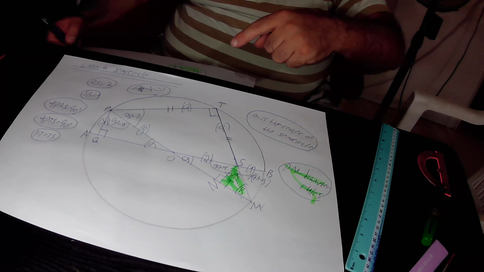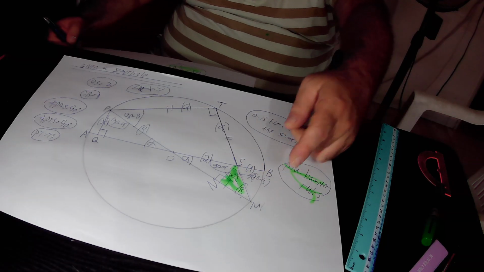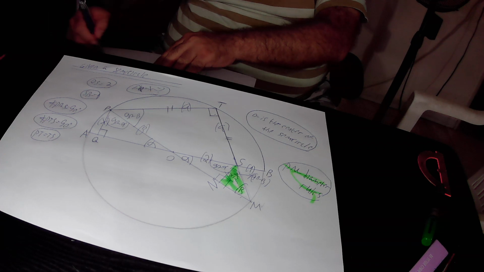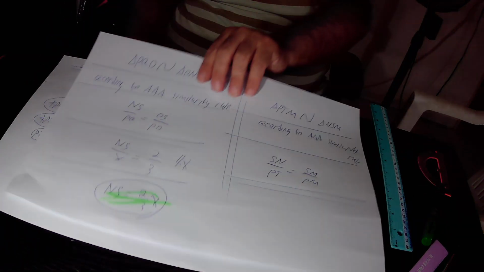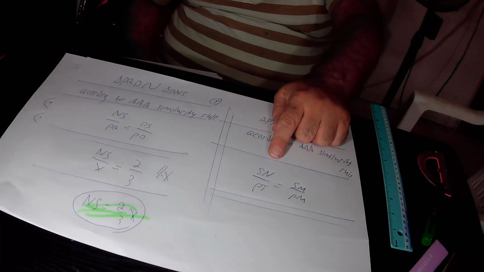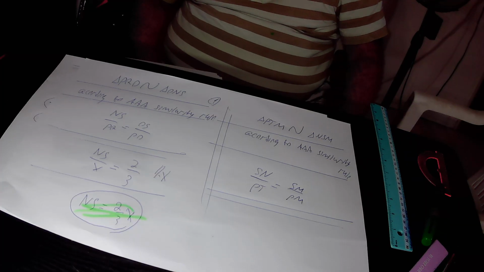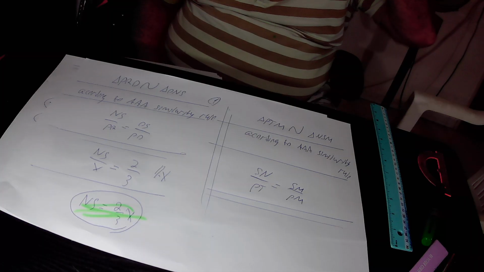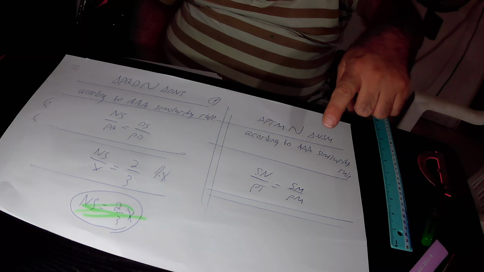Again, from the fact that the big right triangle PTM is similar to this small green right triangle SNM, we derive that the following relationship exists between their sides. We derive that side SN of the small right triangle SNM over side PT of the big right triangle PTM is equal to side MS of the small right triangle NSM over side PM of the big right triangle PTM.